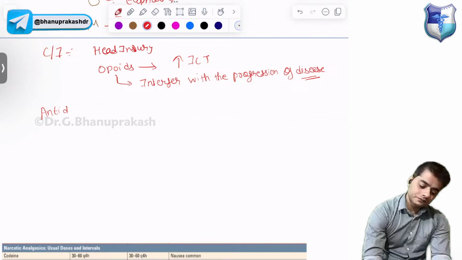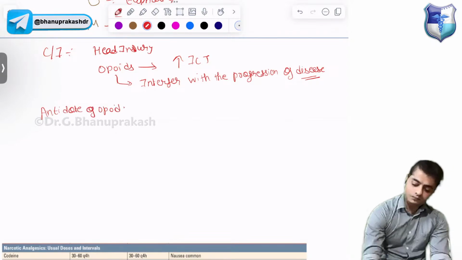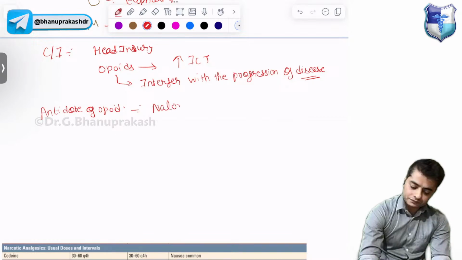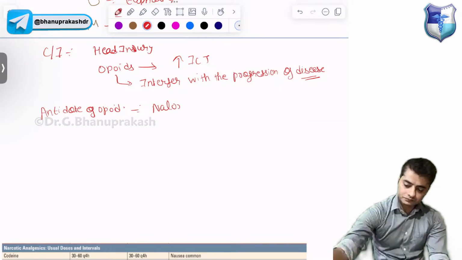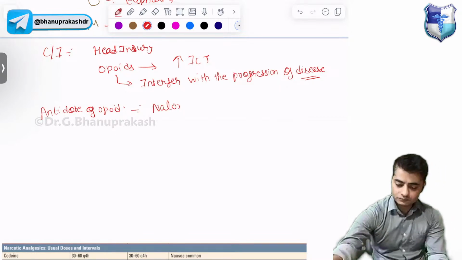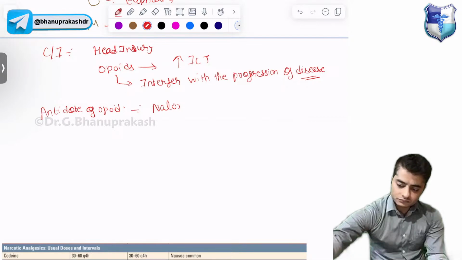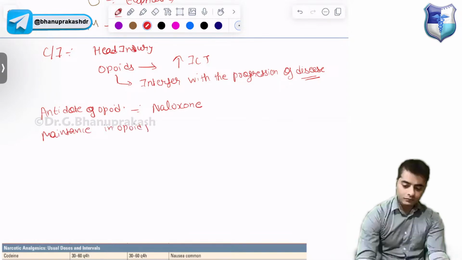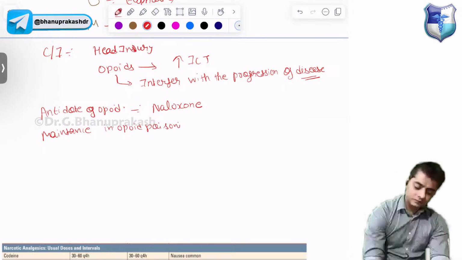What is the antidote of opioids? That is naloxone. And for maintenance in opioid poisoning, we use naltrexone.